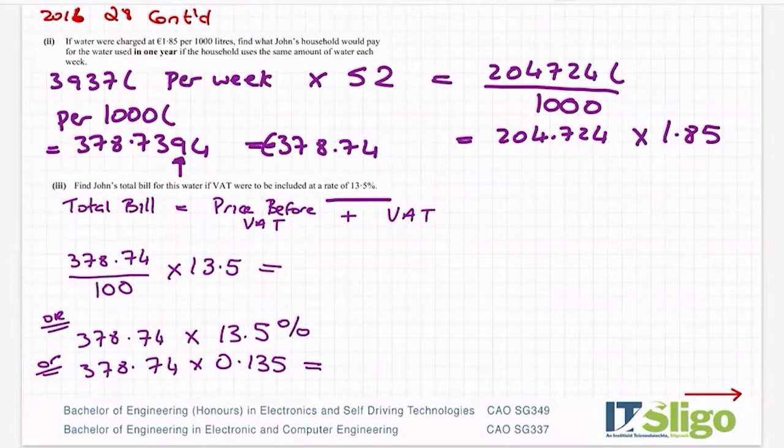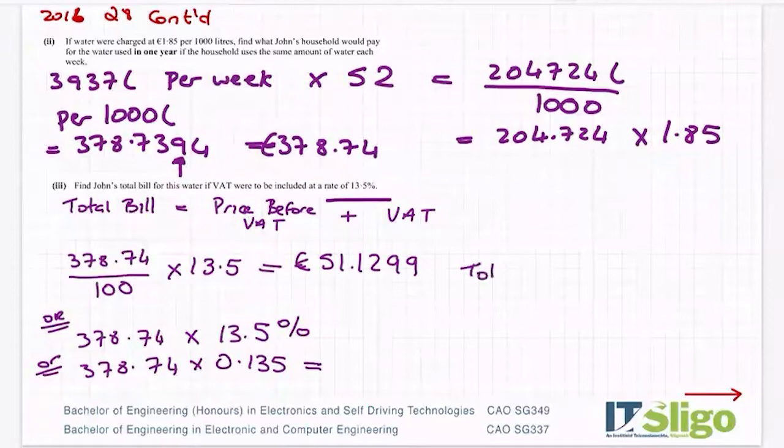Either way, though, when you get that VAT, 51.1299 is what I got for my VAT. Okay, so then total, you take the price before VAT and you add on 51, I'm going to round him to 2 places of decimal again, 51.13.